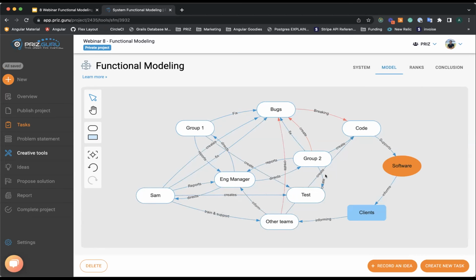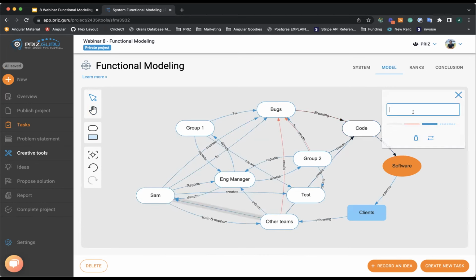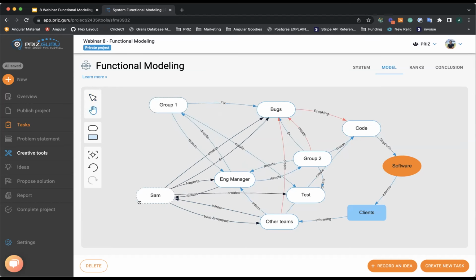They're still contributing, but they're kind of outside of this particular group of people, so they need support. And on the other hand, they inform Sam, since he is the most knowledgeable of the system, they ask him a bunch of questions, right? Inform him of a question that they have, right? Let's organize it a little bit.